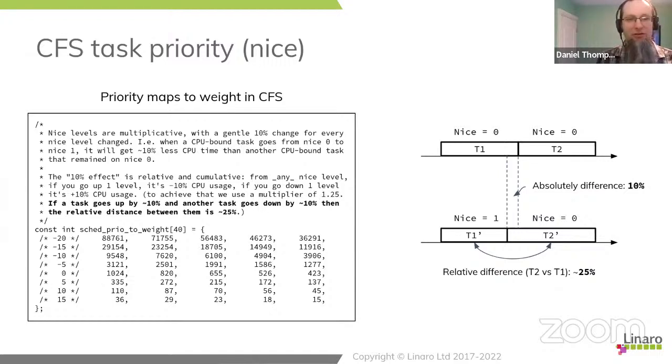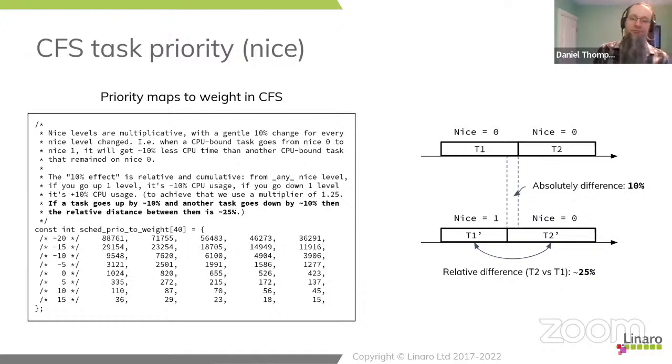And it introduces this idea of a 10% change for each nice level. So the idea behind this is if you've got two tasks competing with the same nice level, they should get a 50-50 split. If they are competing with one at nice level n and one at nice level n+1, then you get this 10% delta between them. The one with the nicest behavior will get 10% less CPU than would be its natural fair share, and that accumulates, multiplying together each time.